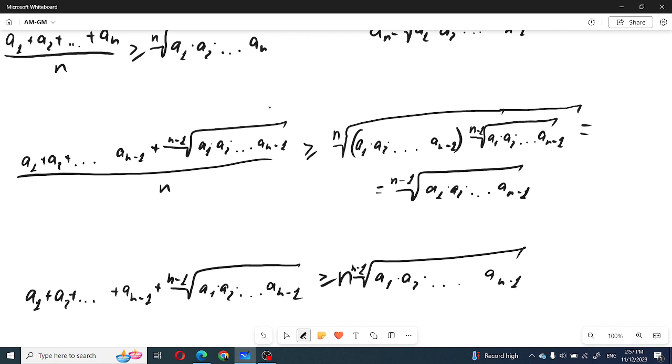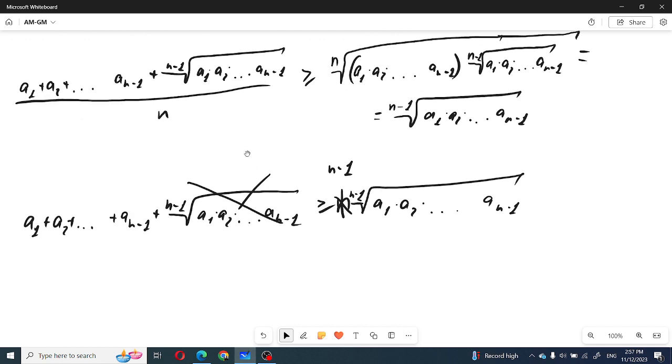Now we can cancel out these terms, and instead of n we write n minus 1. If we divide both sides by n minus 1, we will see that the average of these first n minus 1 numbers will be greater than or equal to their geometric mean.